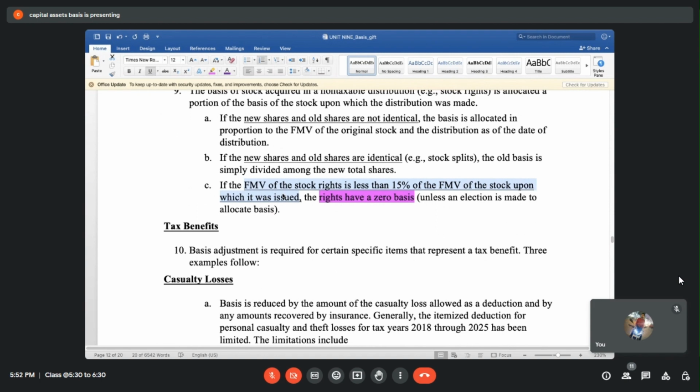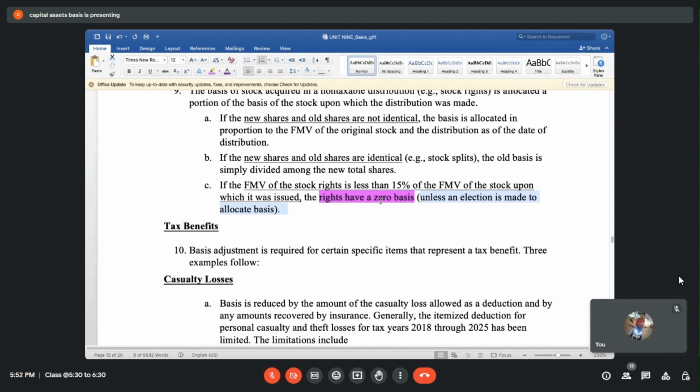It's too small, whatever stock you're holding, as compared to that, it's even less than 15%. Just have a zero basis to make it simple. But if you say, oh no, I want to allocate some basis to it, then that's fine. There's an election that we need to make, and we can still allocate basis. It's just for simplicity. They just said to make it zero because it's too small a number.